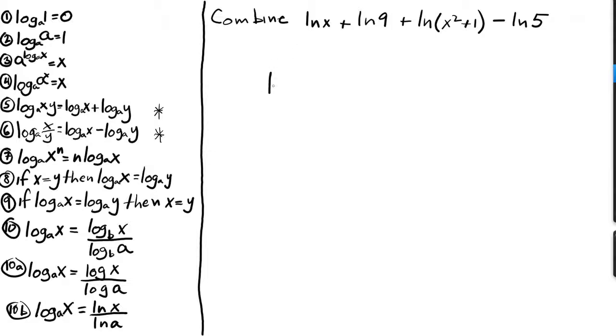All right, I'm going to have ln. All right, now I've got this one plus this one. All right, so that's x times 9, so that's 9x. We're going to make a big fraction inside here. And then I'm adding this one in, so that's again multiplication.